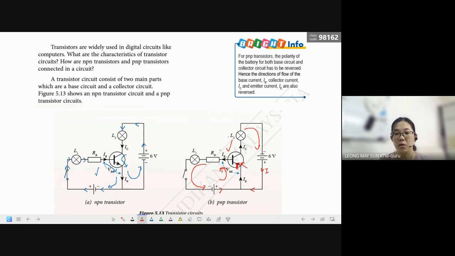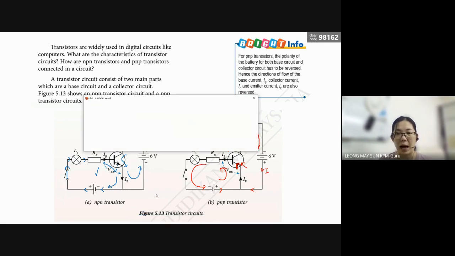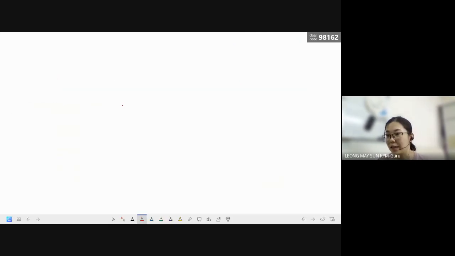Okay, so an example of what kind of circuit that the current doesn't flow. So I'm going to draw a simple circuit right now. Let's just say I have a light bulb here.